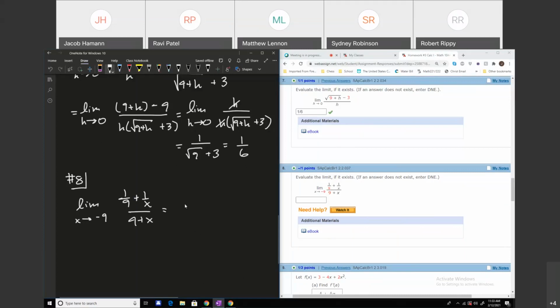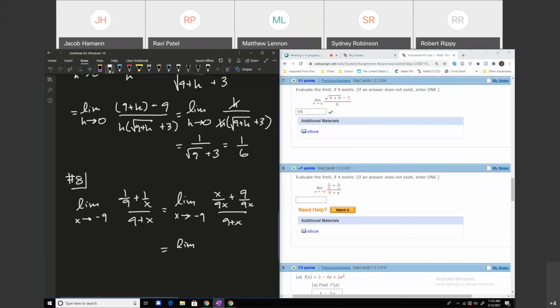Well, we just want to get a common denominator. So the first term multiplied by x over x, so you get x over 9x. And then the second term multiplied by 9 over 9, so you get 9 over 9x, all over 9 plus x.